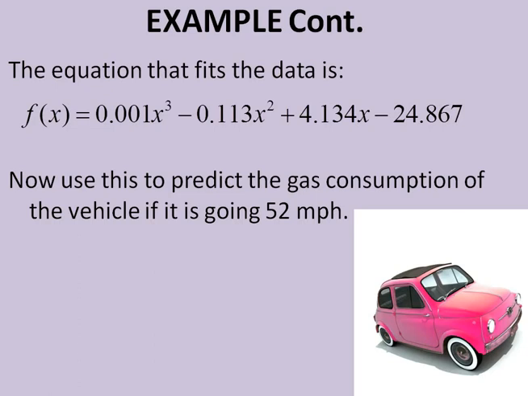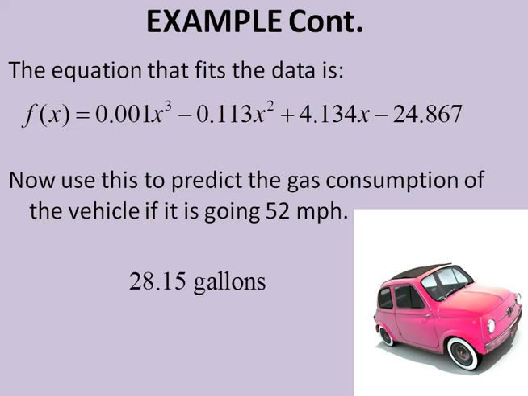Well, basically, all we would need to do to find that would be to plug 52 in for x into this equation. So I'll give you a second to plug 52 in for x and see if you can get the prediction here.